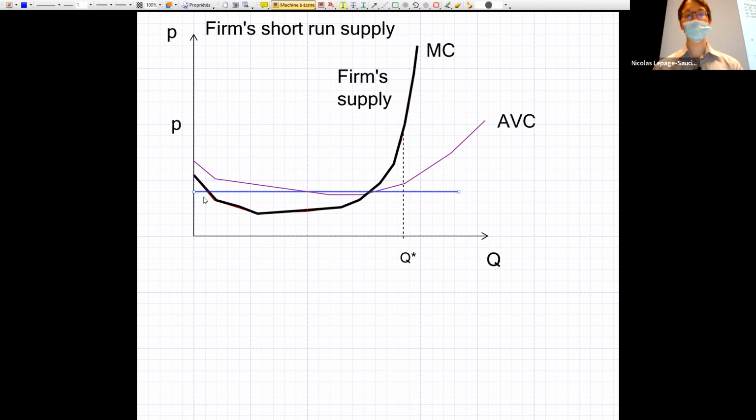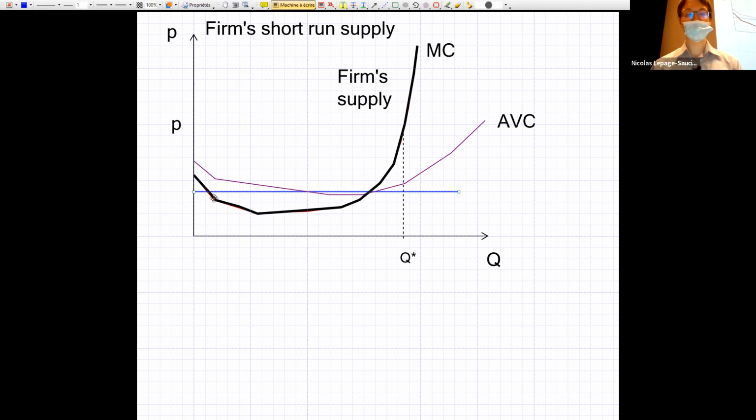Why? Because if the price is below average variable cost, then the price is so low that it is not even profitable to just open the store and start selling. You're not even going to make back some of your investment. You're just going to waste money. So this is the lower bound for price.